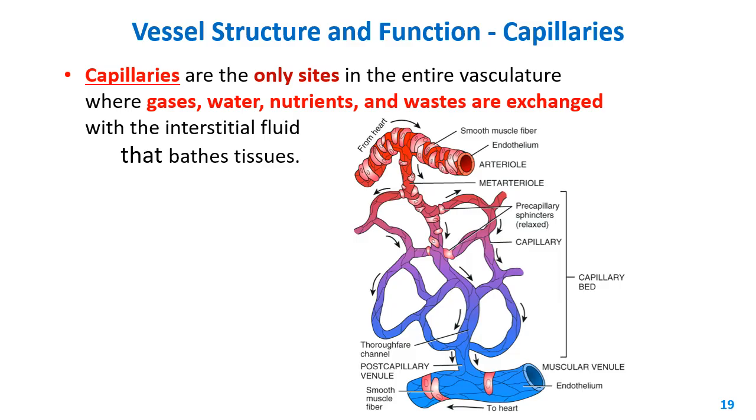Okay. All right, so important things here. When your blood gets to the capillaries, that is the only site, the only type of blood vessel that is going to allow exchange of stuff. What kind of stuff?